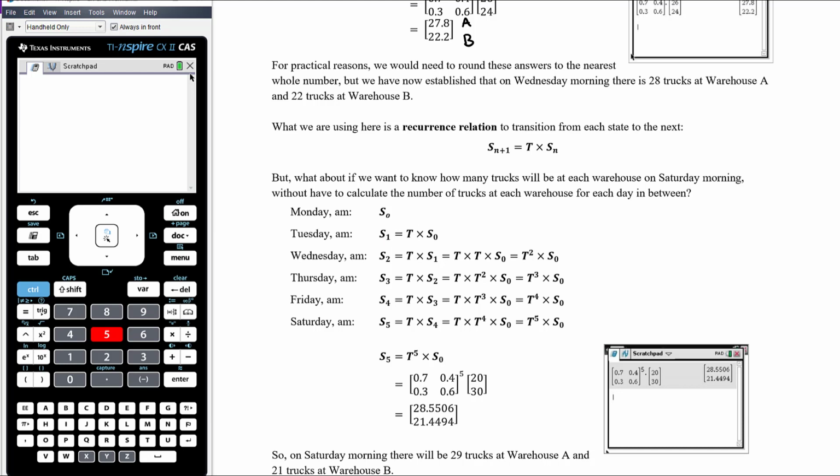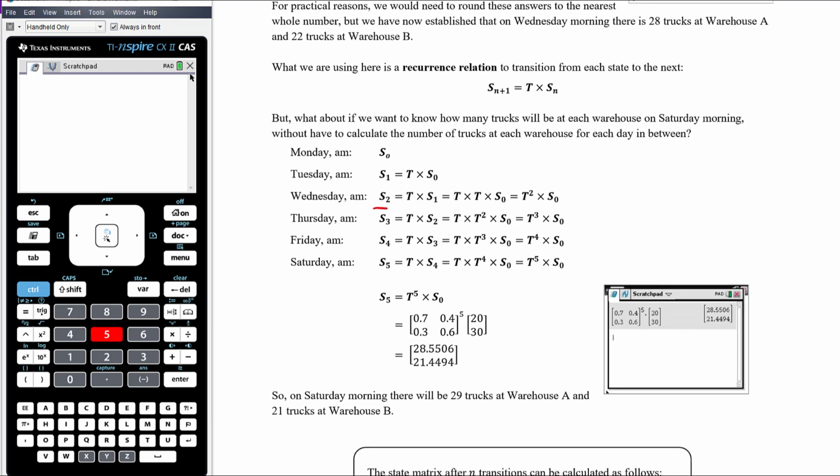If we then want to get to Wednesday, Wednesday morning is state 2. So to get from Tuesday to Wednesday, we take Tuesday's state and multiply it by the transition matrix. But that's the same as Tuesday's state, S1, which was S0, Monday's state, times the transition matrix.